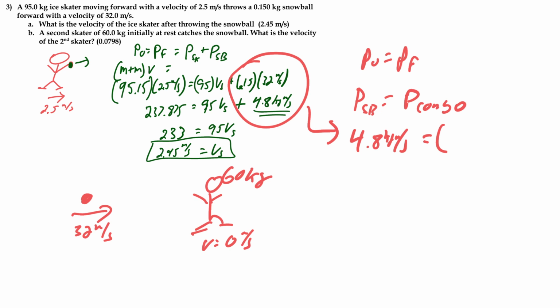So they had a mass of 60. We're going to add the mass of the snowball. So 60.15 is their mass times their velocity. I guess we'll write this as combo since they're combined. Okay, so it doesn't look like they're going to be moving too fast. 4.8 divided by 60.15 gets us 0.0798.